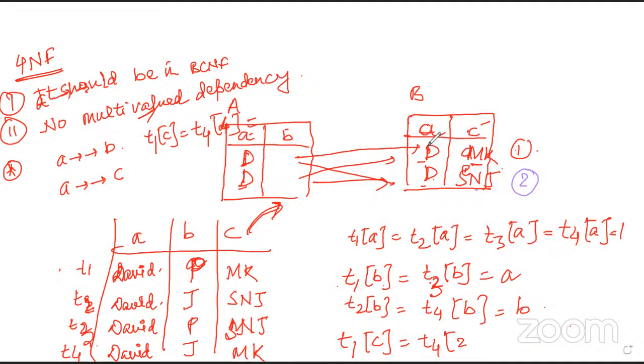So if we can do this, then we can say the multi-valued dependency exists. If any table has the multi-valued dependency MVD, you can decompose in this format. So that is in 4NF. And you can get back to the original tables using the natural join, if it can get the original.